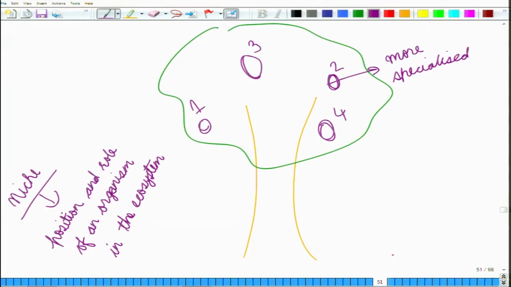But then there could be other parts, say leaves. Now, the amount of nutrition that you can have from leaves is typically less than the amount of nutrition from the fruits. But when this bird tries to become more specialized, say because it is not able to compete with the other species, it now tries to live on the leaves. It tries to eat leaves and get its nutrition from there.